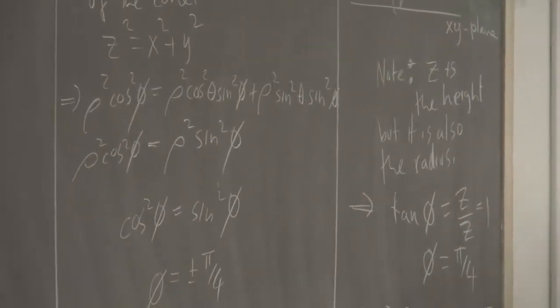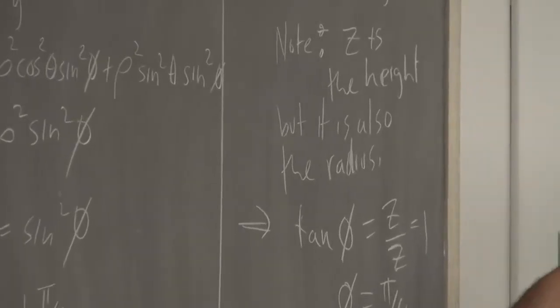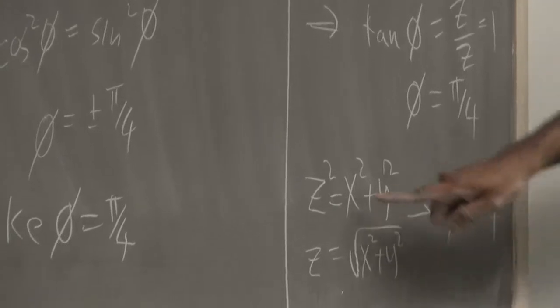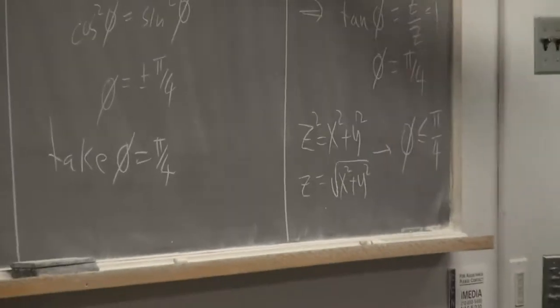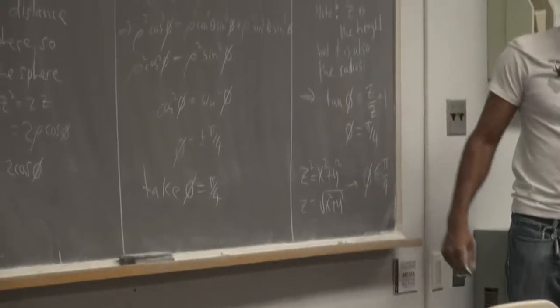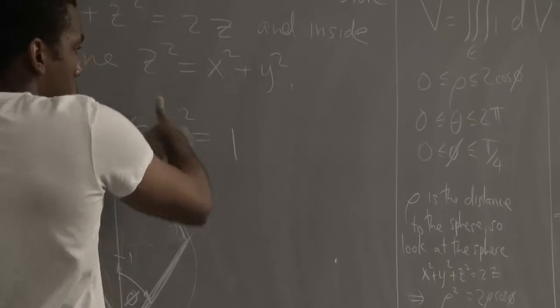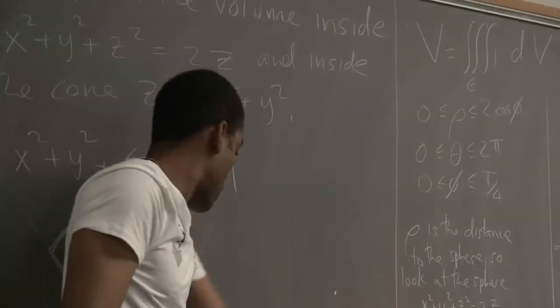And if they ever tweak it in some way, like they could say z squared equals 2x squared plus y squared, right? Or x squared plus 3y squared, then you just go through one of these methods again to find it. But that's if they're really mean. The standard cone is this one, where your phi is 0 to pi over 4 for the top part.